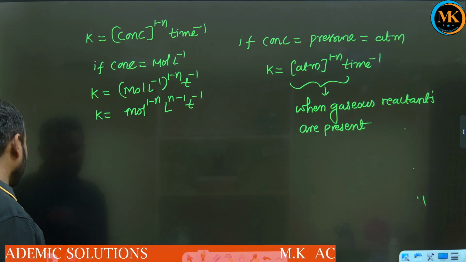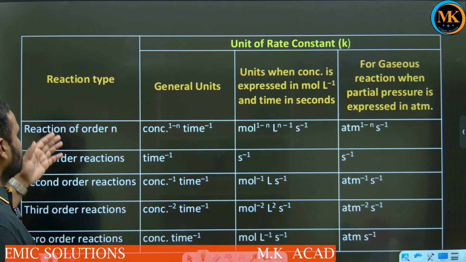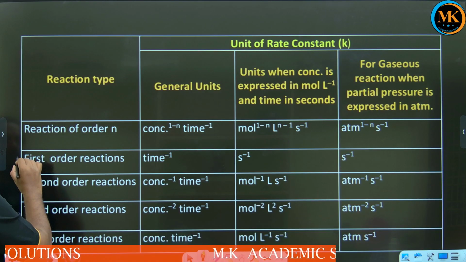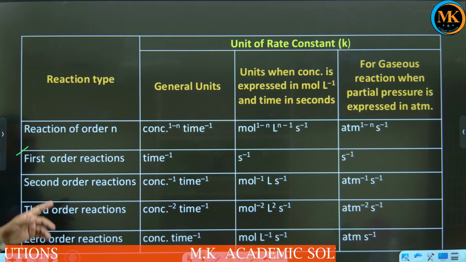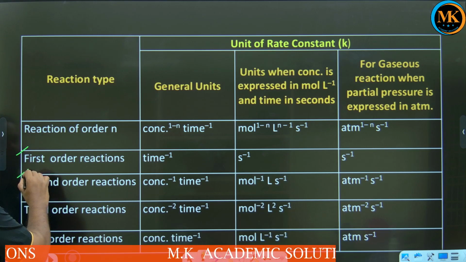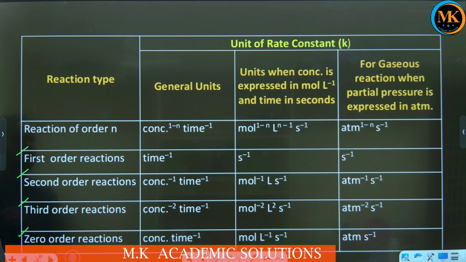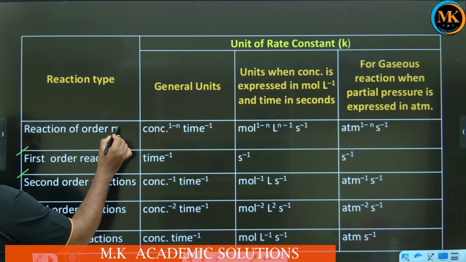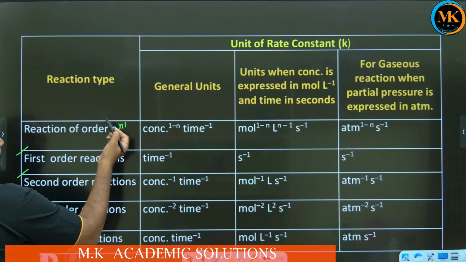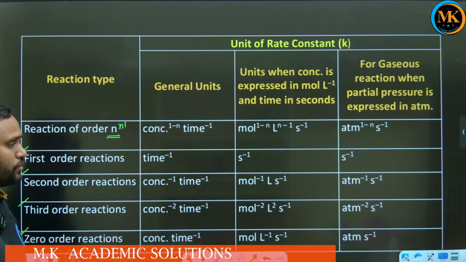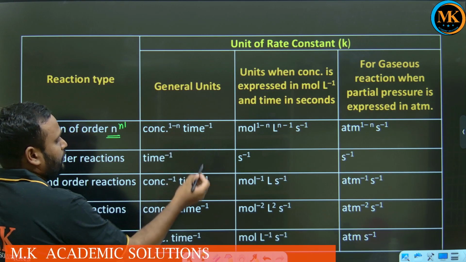Next, let us observe some types of reactions. We can classify reactions based on the order: first order reactions, second order reactions, third order reactions, and zero order reactions. This is about nth order reactions. The general units are concentration to the power 1 minus n, time inverse.